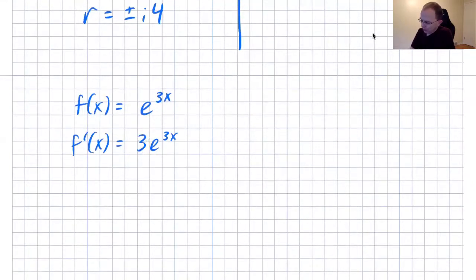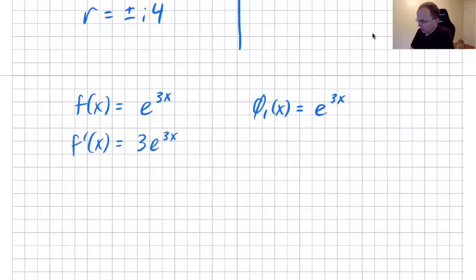So when I look at the derivative here, first I'm going to take this term, so phi 1 of x is going to be e to the 3x. And then when I look at this term, I just get another e to the 3x, but I already have that one.